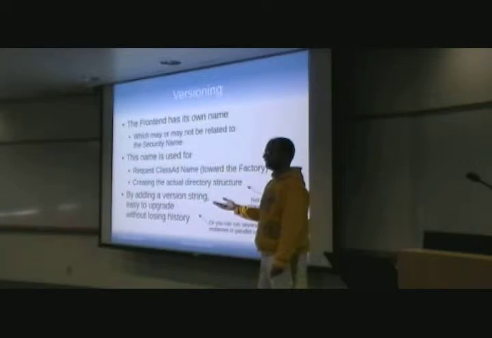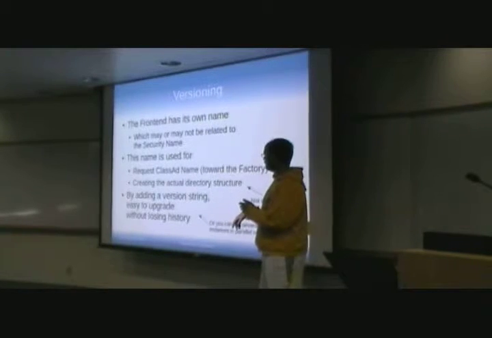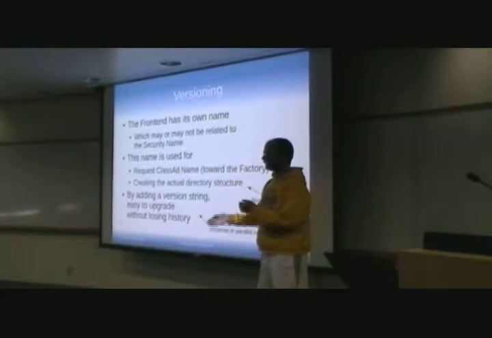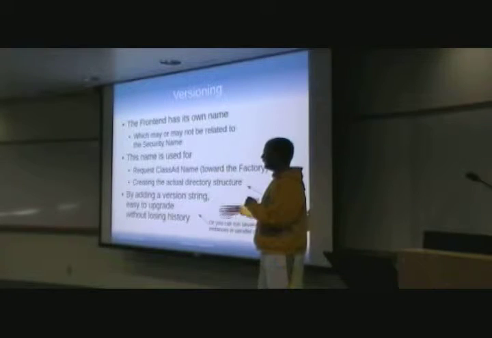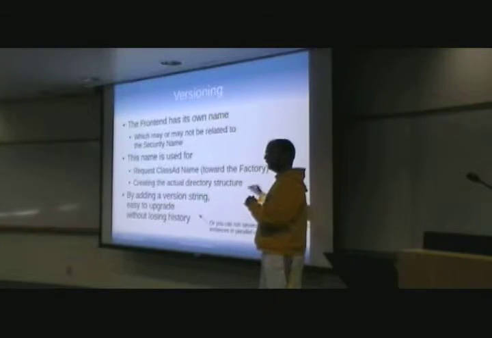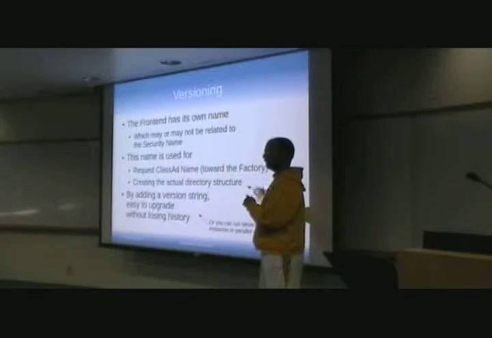There are enough changes that you actually need to create a new work directory. It doesn't happen often, but sometimes there are disruptive changes. In that case, you don't want to scratch everything and install from scratch. You may want to preserve what you already had there. So you can just change the version number, a new directory tree will be created for you, and you will start working from there.